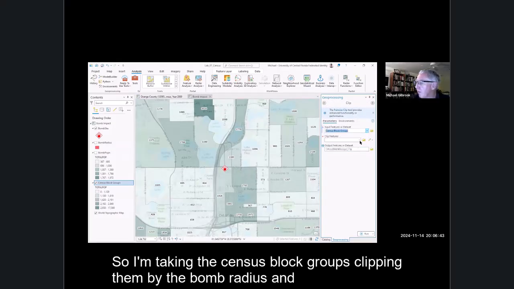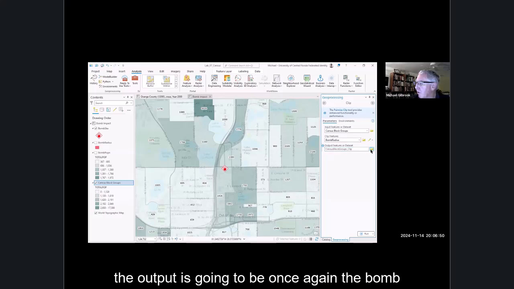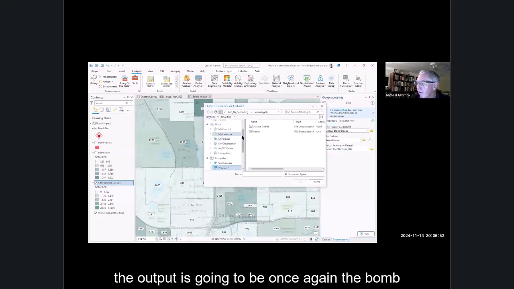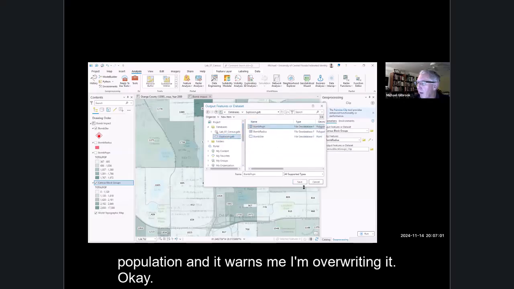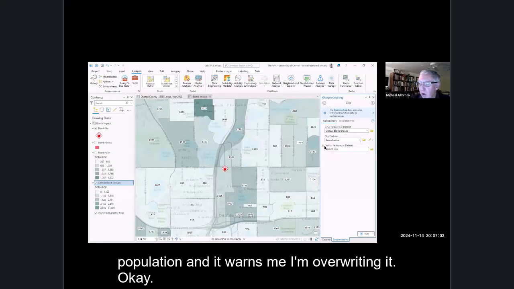I'm taking the census block groups, clipping them by the bomb radius, and the output is going to be, once again, the bomb population. And it warns me I'm overwriting it. It's okay.